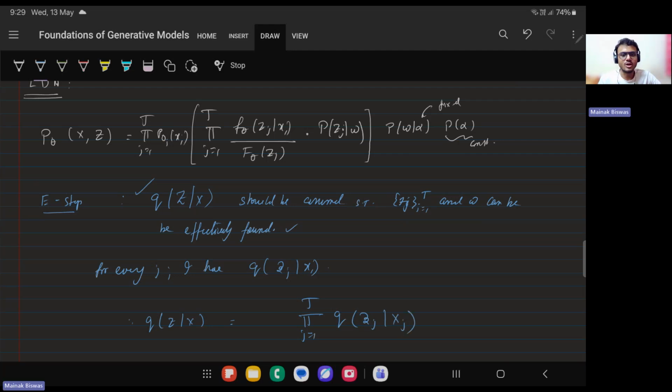You can just multiply the product over xj into q of omega given alpha. This can be your structure.